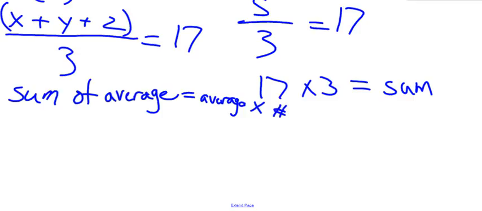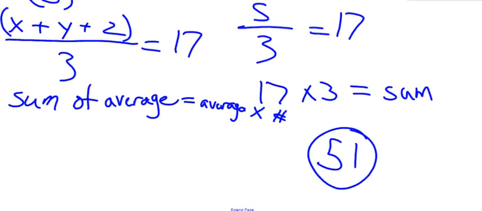Right, so we're just rearranging the idea. And so to solve this problem, we're going to take 3 times 17. 3 times 7 is 21. 1 goes down, 2 goes up. 3 times 1 is 3 plus 2 is 5. So we get a final sum of 51.